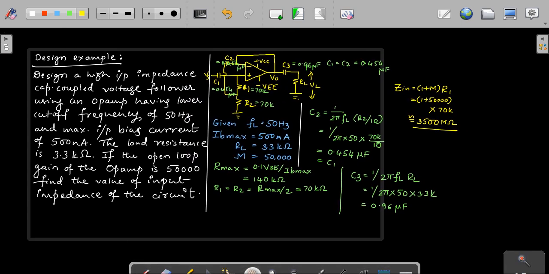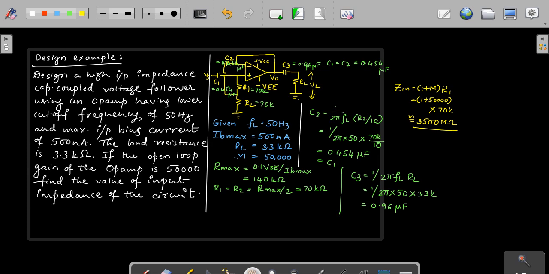Now you can get everything in the single frame. Like this, the problems will be asked, and you will have small twists as well. You may be given the value of the input current directly. You may be given the value of IB max in a different way, depending upon the various operational amplifiers that are going to be selected.